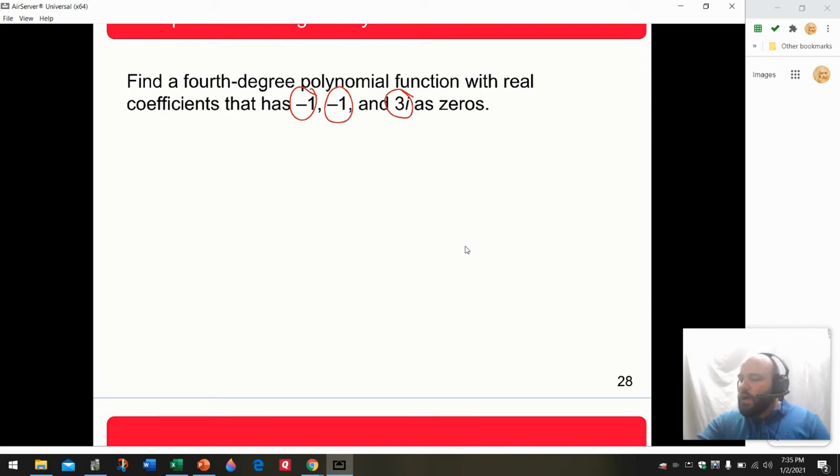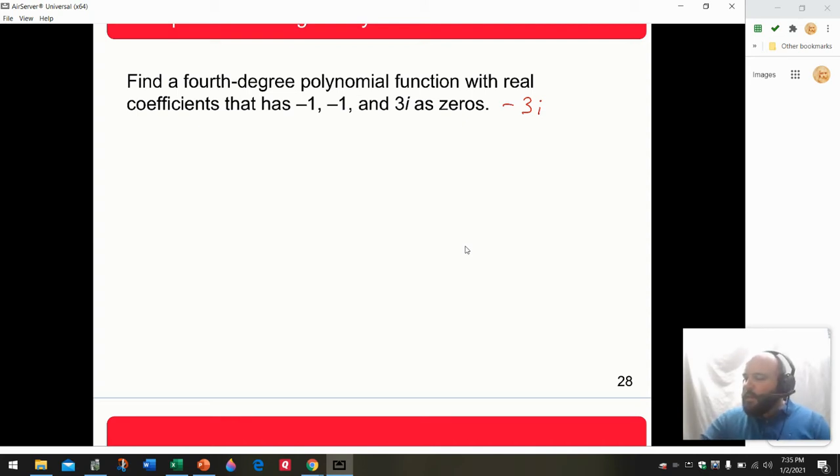According to the conjugate pairs I was just talking about, if you have positive 3i as a 0, you also have to have negative 3i as a 0 because they always come in pairs. That makes sense because now we have 1, 2, 3, 4 total zeros. It's going to be a fourth degree polynomial. You have to have the same number of zeros as you have powers.